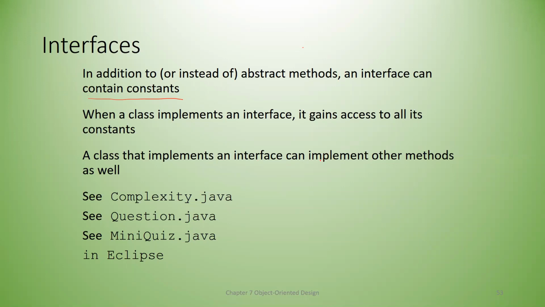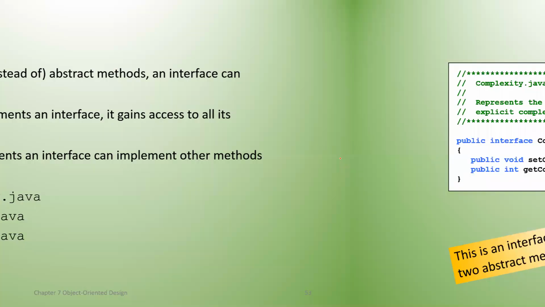There are some other constants, and when we encounter them, we will talk about them. Your interface can contain constants, which are final variables. When a class implements an interface, it gains access to all its constants. A class that implements an interface can implement other methods as well. So here is an example.